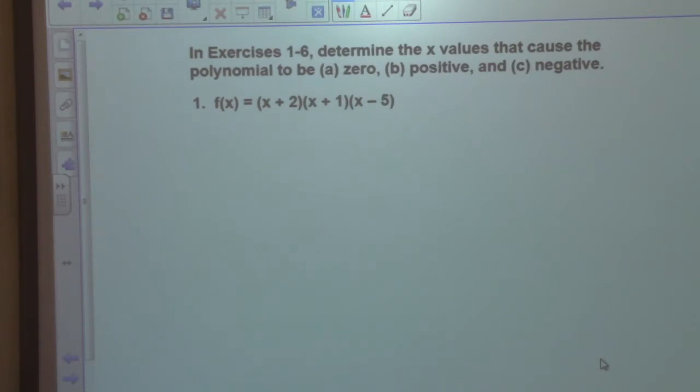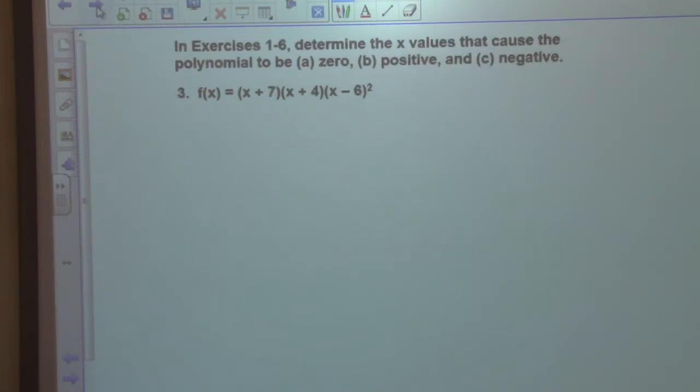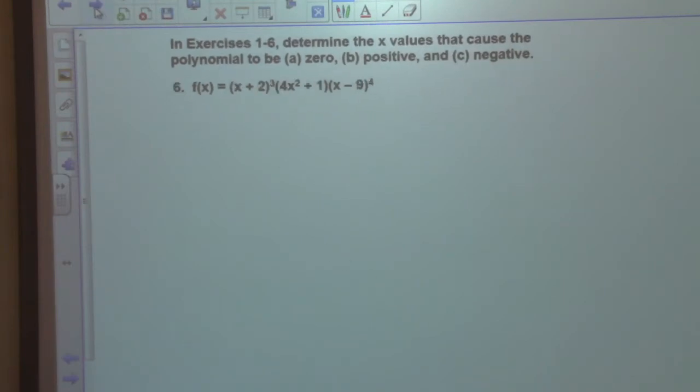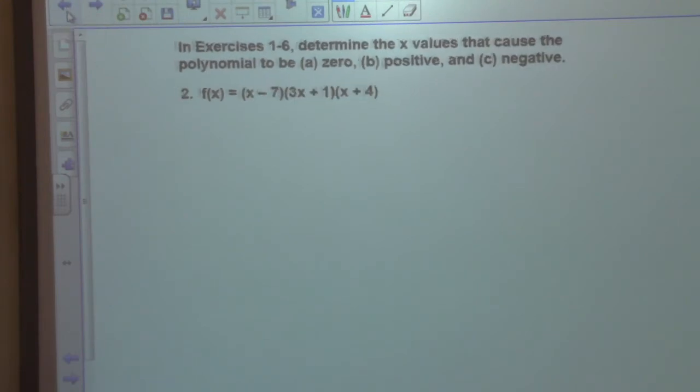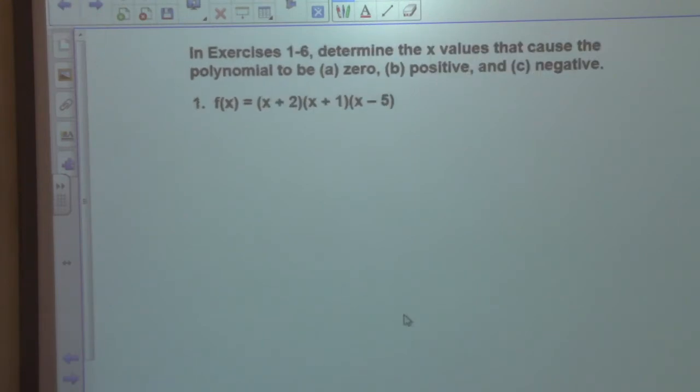Okay, factor, he says, right? But this happens to be already in factored form, right? So factored form makes it easier for us. They're all in factored form, okay. That should make this not too hard. What's going to be a strategy on this?